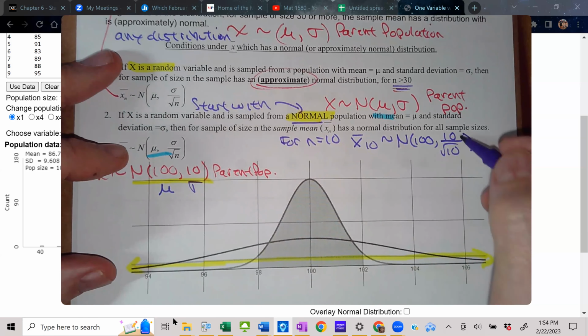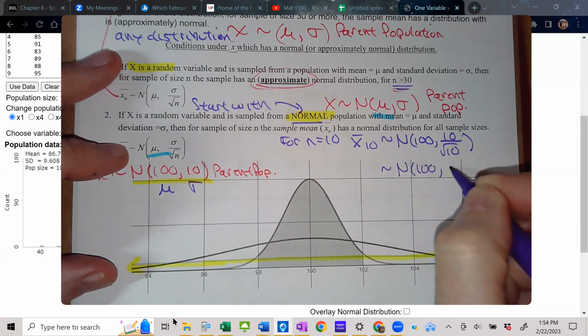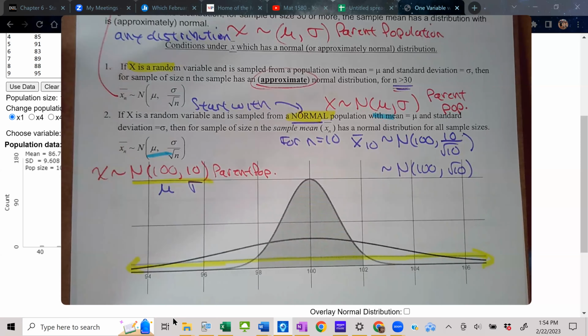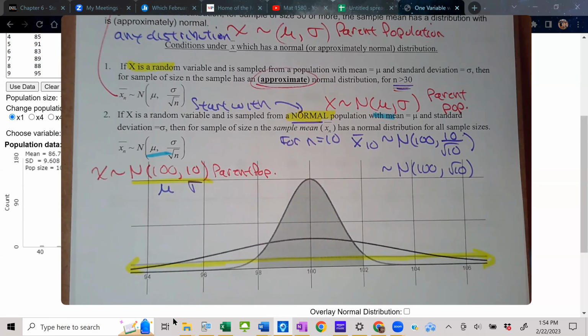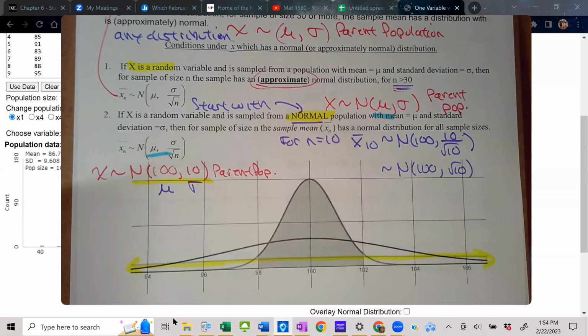If you're to simplify this with some of the algebra I was mentioning earlier, that's just the square root of 10, about 3.16 maybe, I'm not sure. Let me just take a look here while I let you copy. Square root of 10, yeah, about 3.16.